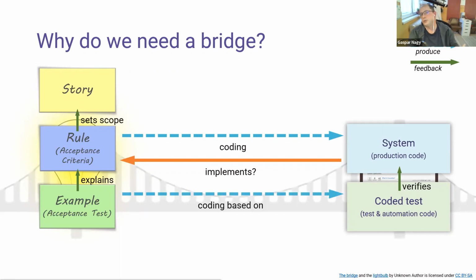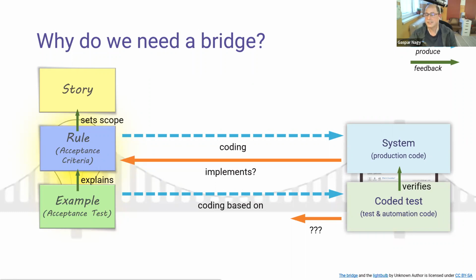So you could just look at one of the examples that you discussed in the preparation meeting and say, okay, now I'm making a coded test based on that. That's already better from the balance point of view, because the coded test has some relation to the requirement side. But unfortunately, in long-term maintenance, it is basically detached from the example. It's already in C# and you will not be able to test it back.